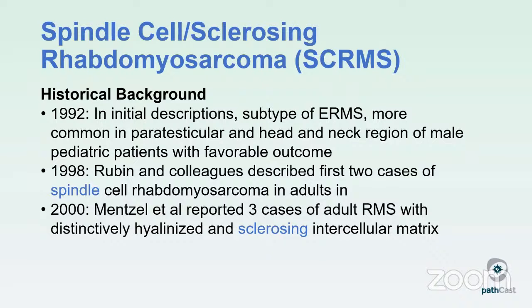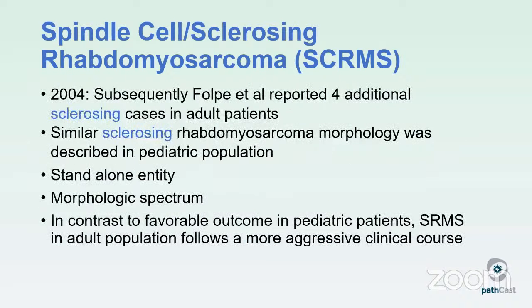And in 2000, Mentzel and colleagues reported 3 cases that occurred in adults and had a distinctively hyalinized and sclerosing intercellular matrix. This was further confirmed by upcoming work by Folpe and colleagues. And similar sclerosing rhabdo has been described in pediatric population. So currently, these two terms, spindle and sclerosing, are part of the same entity, a spectrum of tumors.